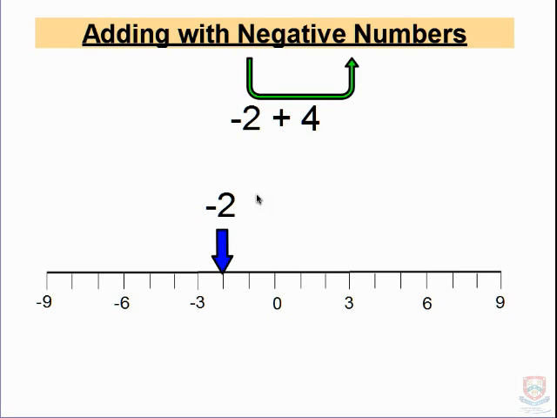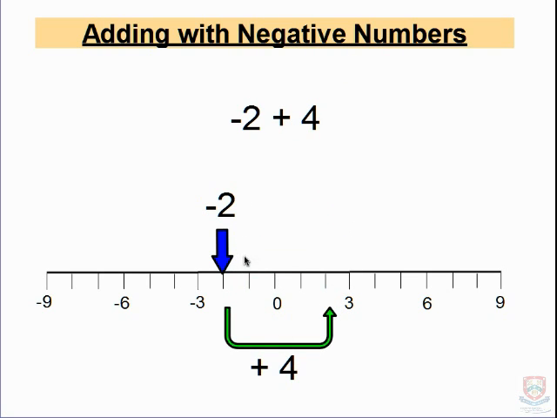I'm going to add 4, which means we need to move right, get bigger, 4 numbers. 1, 2, 3, 4, which gives us an answer of a positive 2. So my answer is 2. It's not 2 add 4 equals 6, because we have a negative 2. Again, if we swapped these two numbers around, we would have 4 subtract 2, which again we should know is equal to 2.